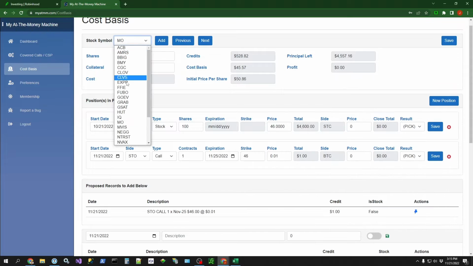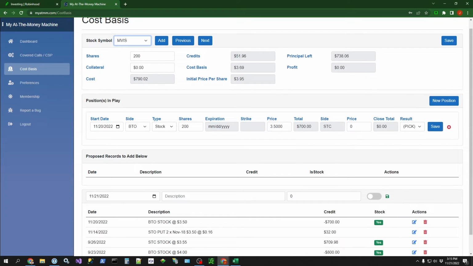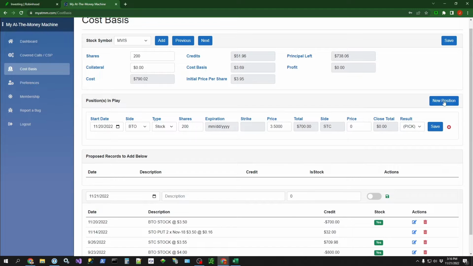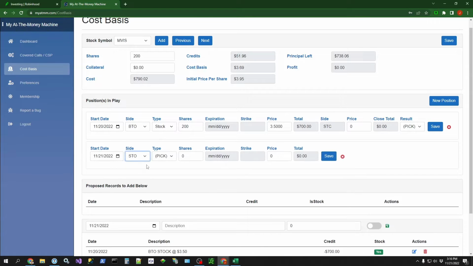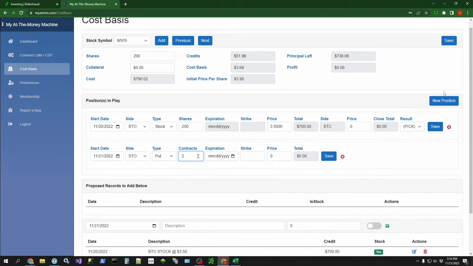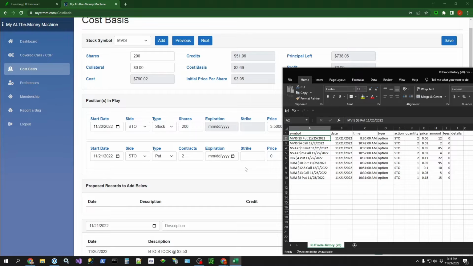Okay, so MVIS. What did we get for MVIS? So we got a put and a call here, so let's go ahead and do the put first. So, sold to open a put. Can't remember how many contracts. We did 2 contracts, and it expires on the 25th.